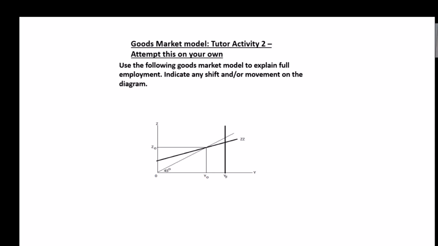So we can use either an increase in government spending or a decrease in taxation. Those are the two policy variables available. If you want to achieve an expansionary fiscal policy, you must increase government spending and you must decrease taxation. When there's an expansionary fiscal policy, how does it affect the national budget? It leads to a deficit in the national budget.